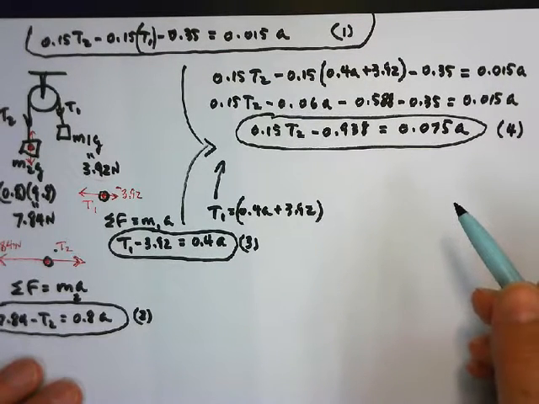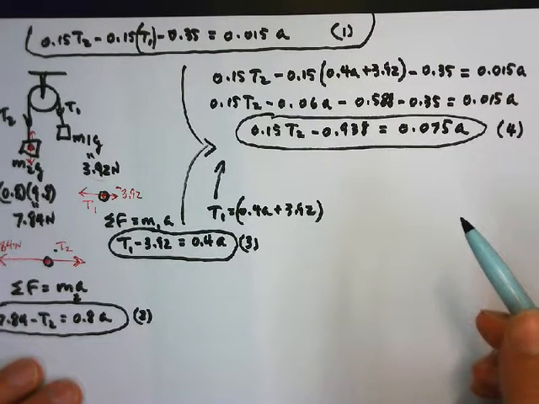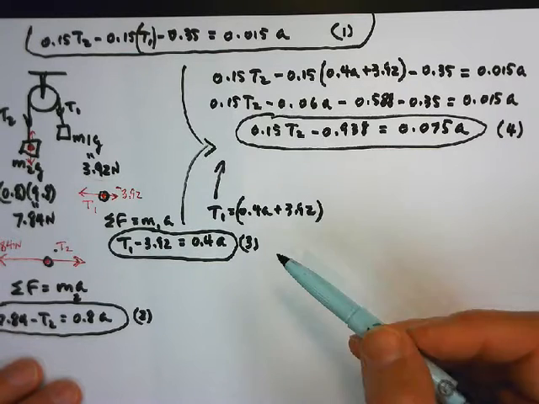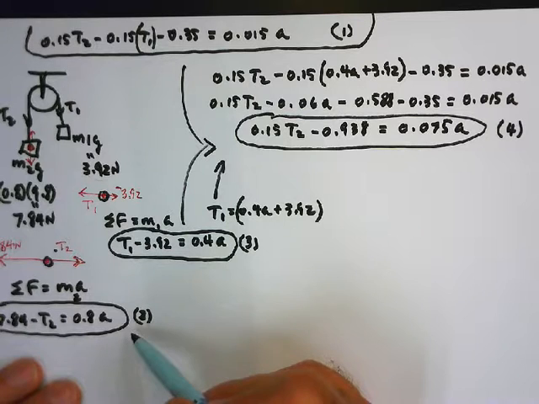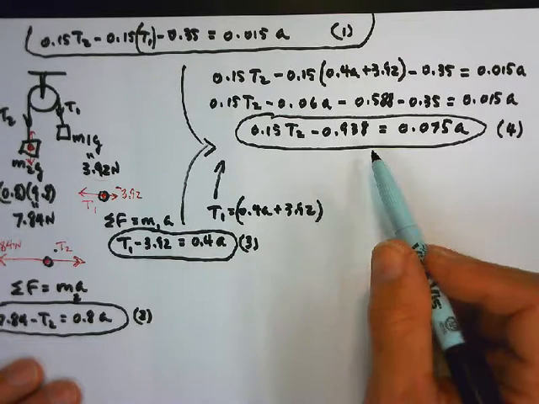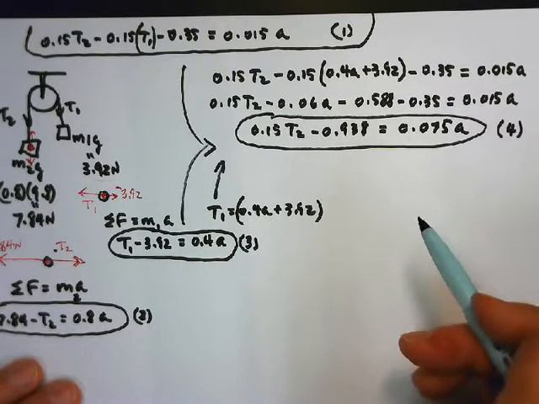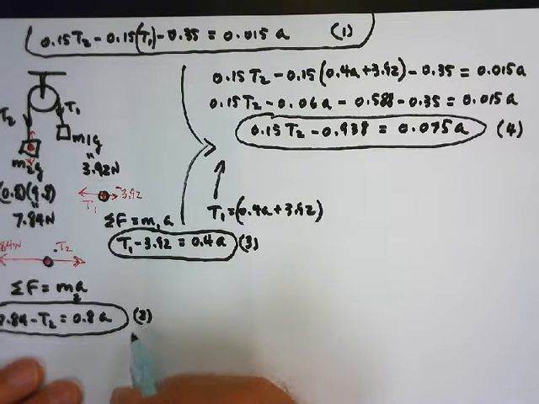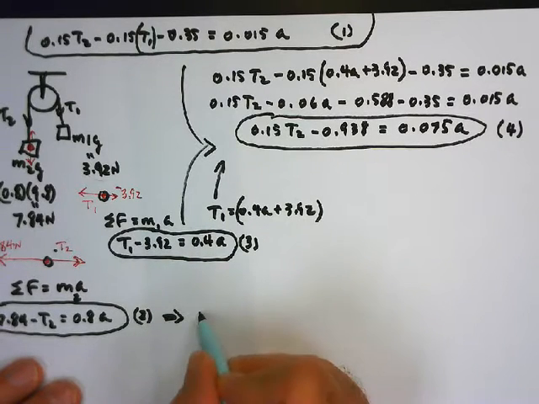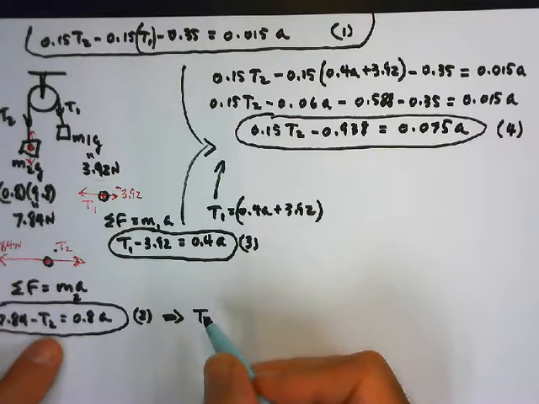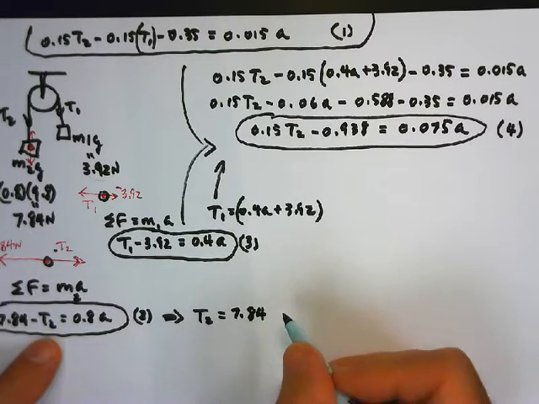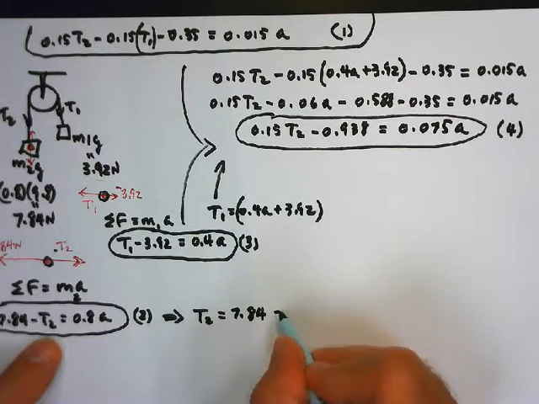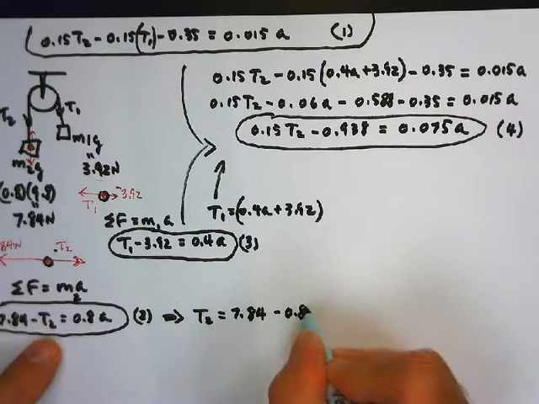Of course, in algebra there are many ways to do these things. Okay, now if we try substituting equation 2 into equation 4, that would be an option. Okay, so let me just change this over and solve for T2 first. T2 would be equal to 7.84 minus 0.8a.